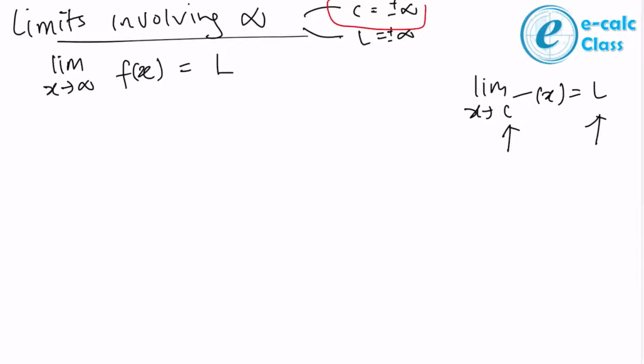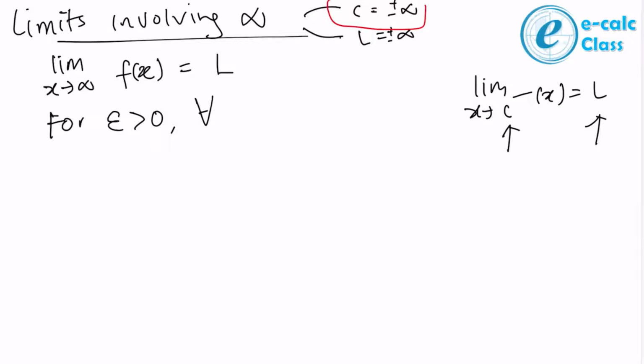Alright, so again we come back to the definition, the epsilon-delta definition, but in this case we only have epsilon, because we are dealing with what? We're actually dealing with your f(x), not your x. Okay, so for every epsilon, which is a very small positive number greater than 0, there exists a number.